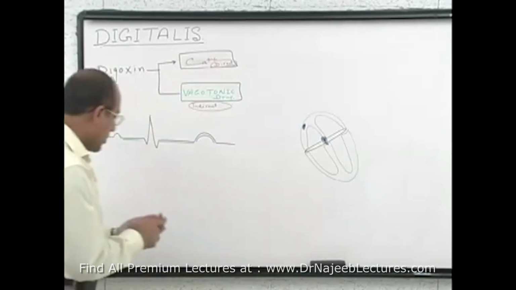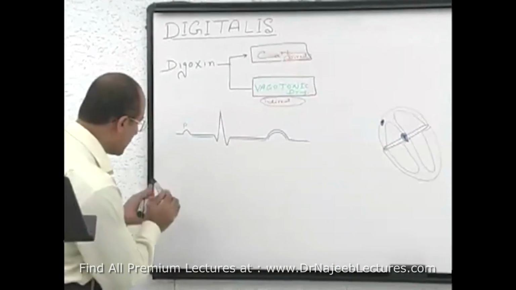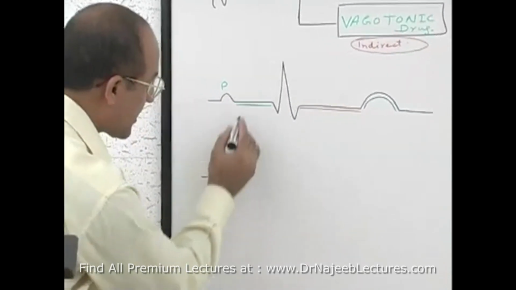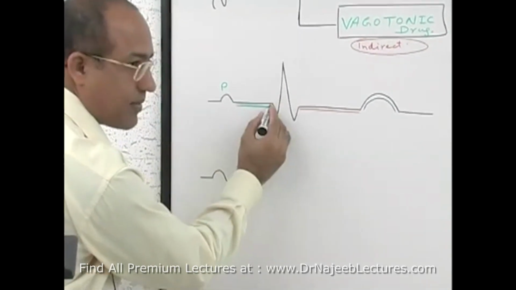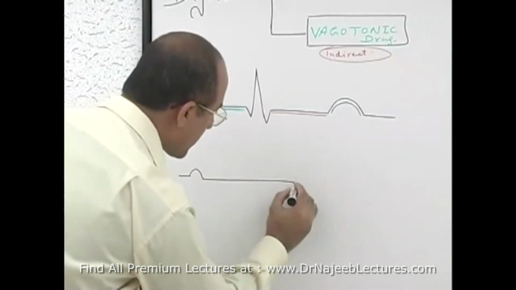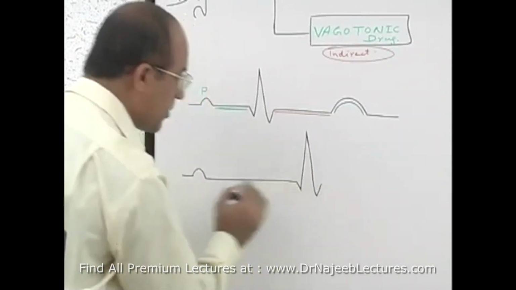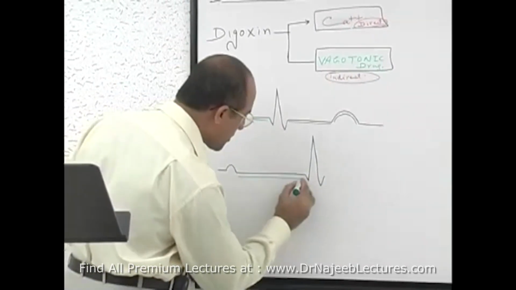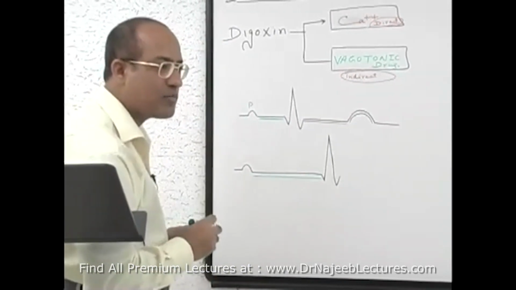Longer time. Look at the ECG change. The P wave is coming at its time, but current is taking very long time. True. So then QRS will come.